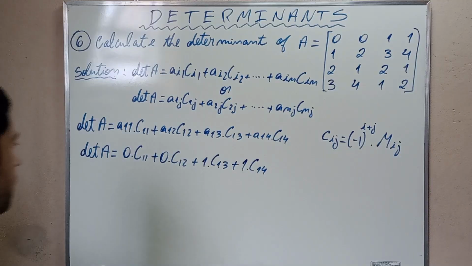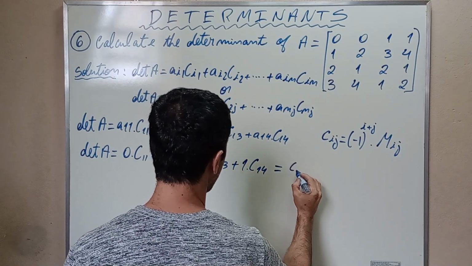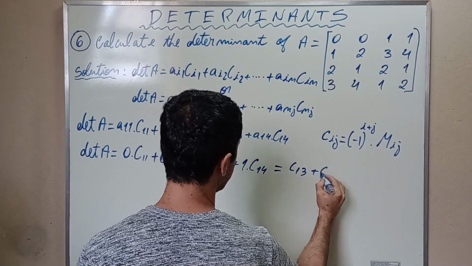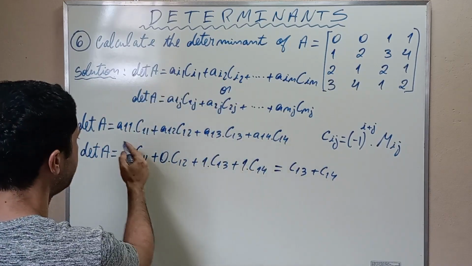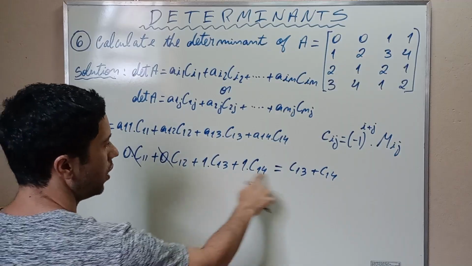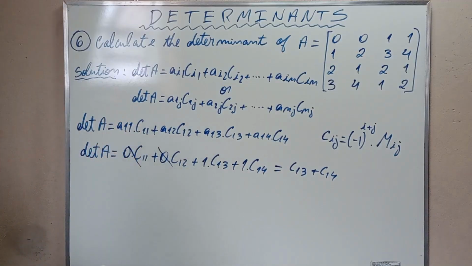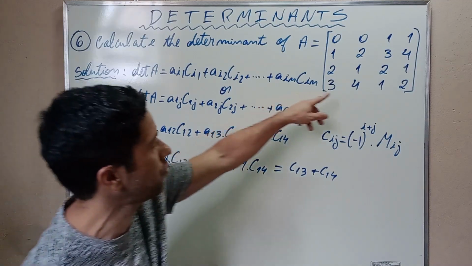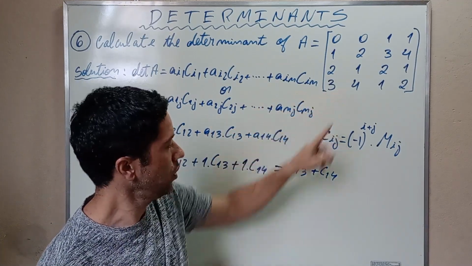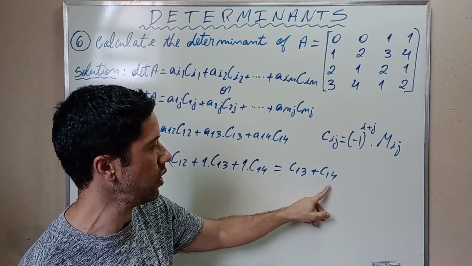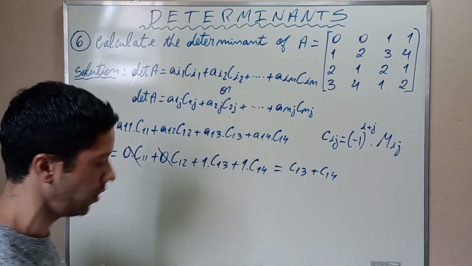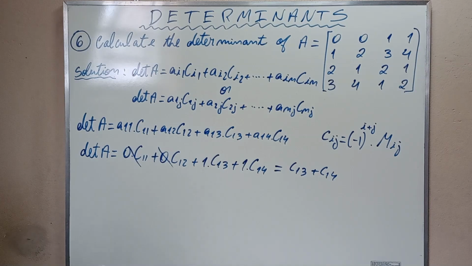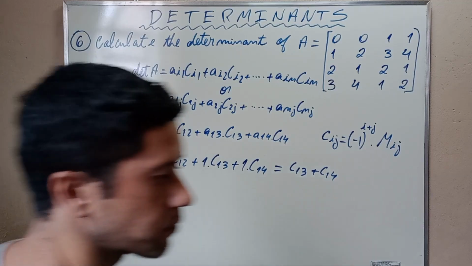And this is simply C13 plus C14. This is 0, this is 0, this is 1, this is 1, okay? So the determinant of this matrix here can be computed using cofactor C13 and cofactor C14. Alright, my friends? This is how we are going to calculate the determinant. Let me erase here, and we are going to continue this calculation.